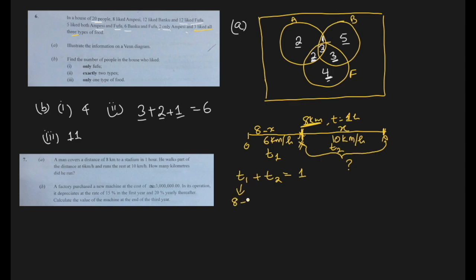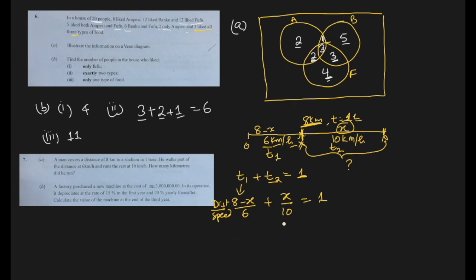Distance is 8 minus x, and divide by speed. So 8 minus x is the distance and speed is 6 kilometers per hour. So 6. And this time we'll get will be in hours. So perfect. T2, the second time, is distance x, speed 10, and it is total equal to 1 hour. So distance in kilometer, hour, everything is matching.